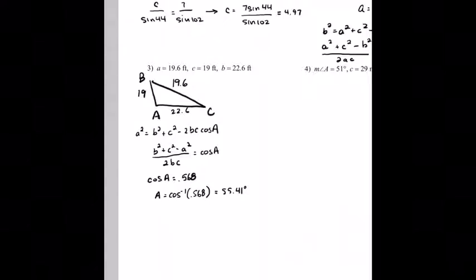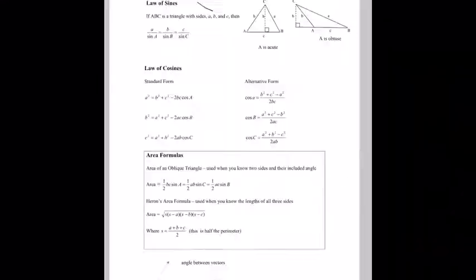And we can do a similar type of computation to find the other angle. We can use law of cosines again since we're already on law of cosines. Find angle B, for example. So going back to the formula sheet, if we want to find angle B, we can use this form of the law of cosines, where cosine of B is already isolated.